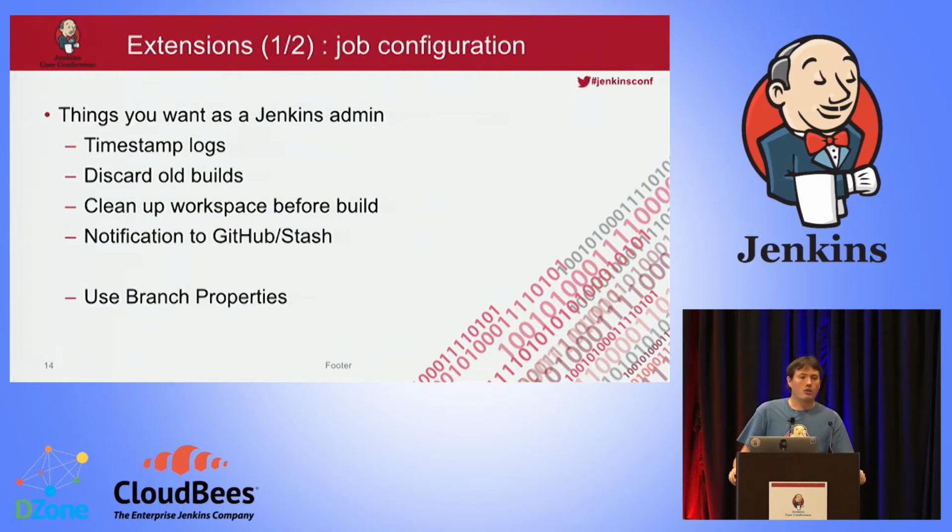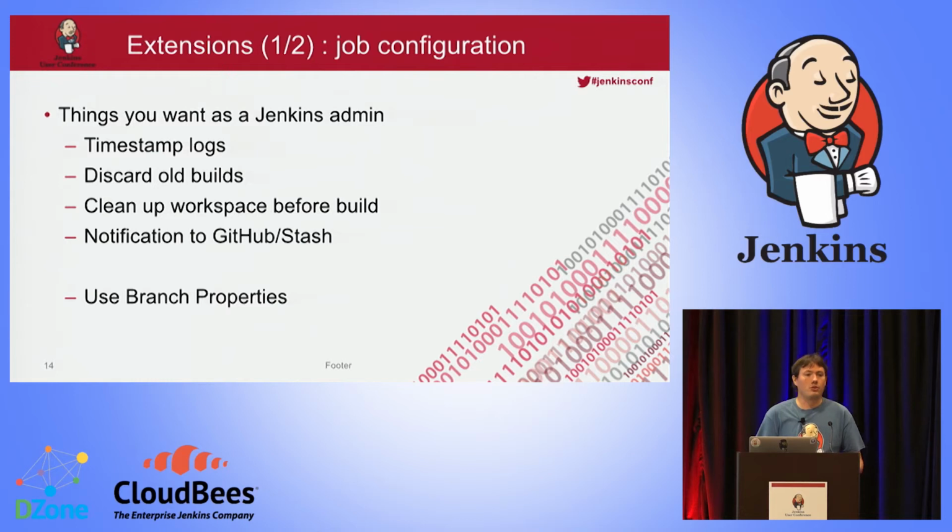We can also define additional steps in the job configuration itself, so not in the SCM. This is usually a split between what you would like as a Jenkins admin the job to do, and the steps that the project owner will define within the SCM that you leave him control of. So for instance, as a Jenkins admin, I will always want to have the timestamp enabled on the logs. I don't want the project to have to enable that by hand every time.